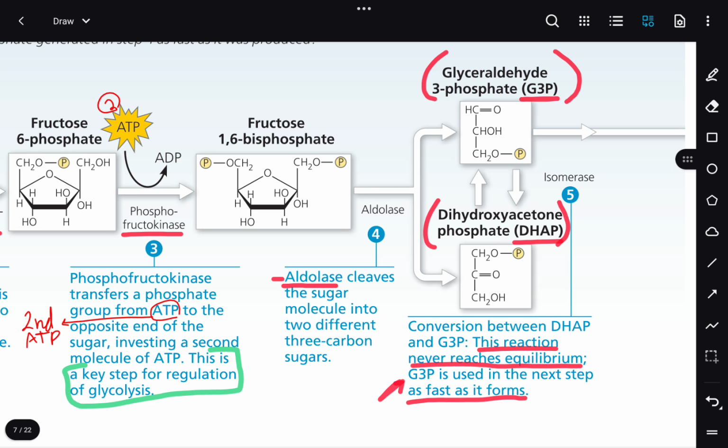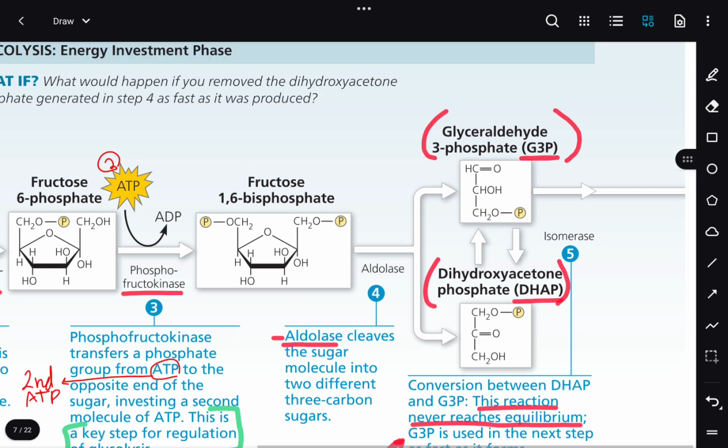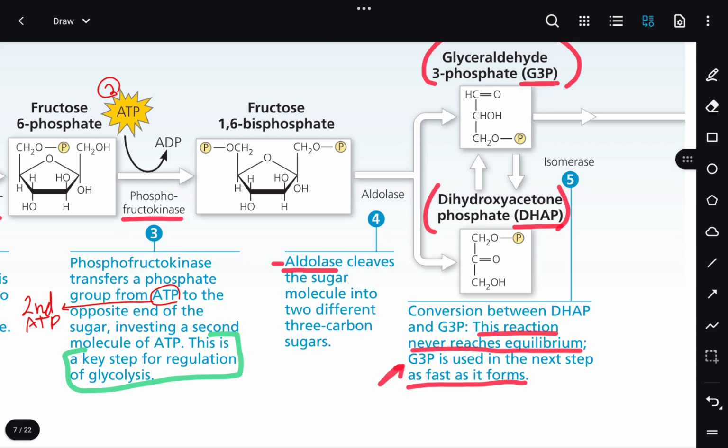Now we're done with the energy consuming half of glycolysis. The fifth step is one that changes DHAP into G3P, and only G3P will proceed with the rest of the steps in glycolysis.